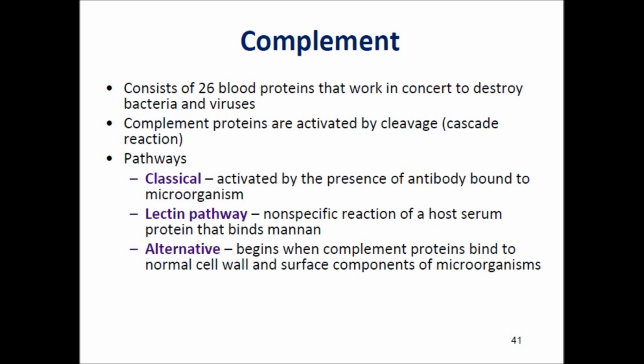There's three different pathways how they go. I don't want you to worry about remembering those, but if your blood comes in contact with a microorganism, they can go one of these three ways. For example, you would have a mannan, which is a sugar.